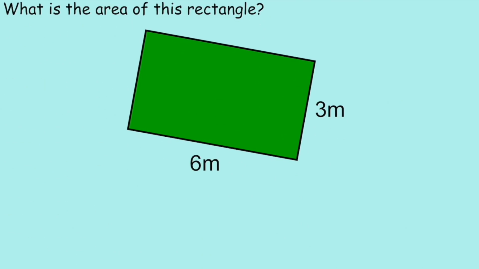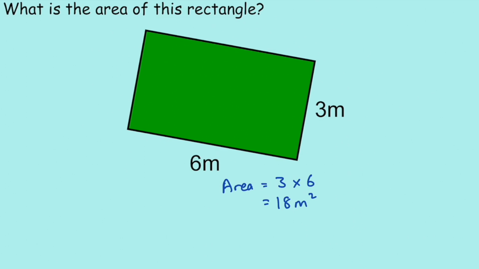Okay, and then one final example. What's the area of this rectangle? It doesn't matter that it's slightly at an angle. We know that the length of this side here is 3 meters, and this breadth is 6 meters. So the area of the shape is equal to 3, the length, multiply 6, the breadth, which gives us 18 squared meters.